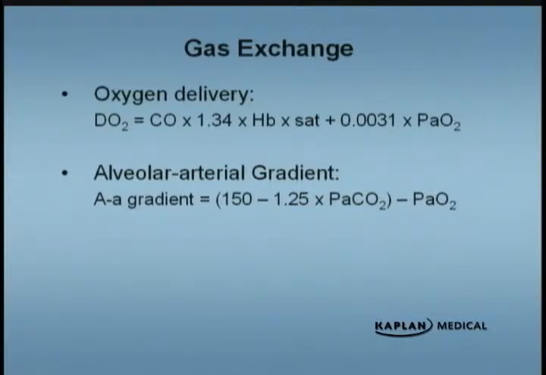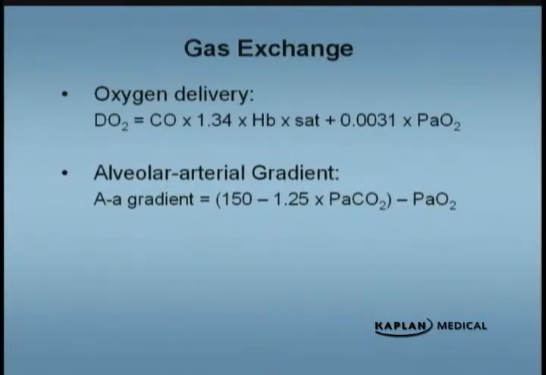Under normal conditions, it's 100, because look at this: PaCO2 is about 40, right? You multiply that by 1.25, figure about 50, and you subtract that from 150, you get 100. That's your PAO2, in the alveoli.